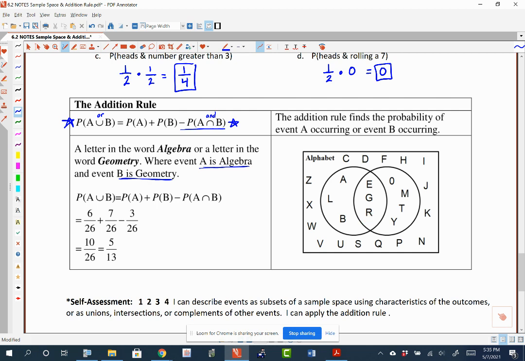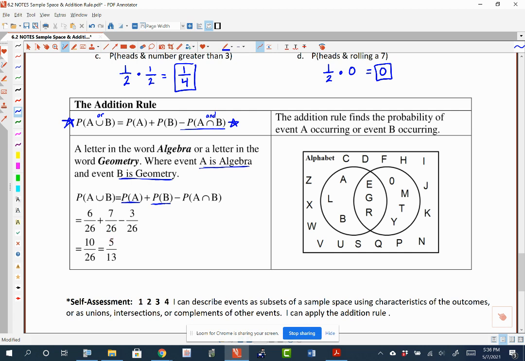So if I want to find all of the possibilities, starting with my event A, well, the probability of event A is going to be 6 out of 26. There are 6 letters in algebra out of 26 total letters in the alphabet. The probability of B. Geometry has 1, 2, 3, 4, 5, 6, 7 letters out of 26.